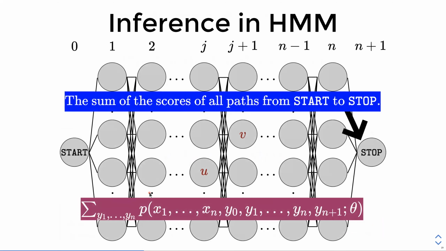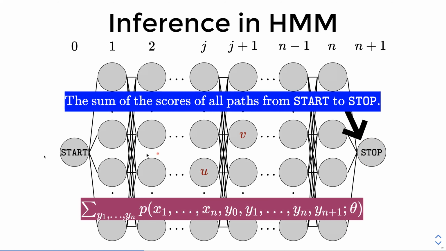In the last lecture, we figured out something interesting about the semantics of the alpha and beta scores. If you're talking about the very last alpha, the score stored inside this node should be the sum of the scores of all the paths connecting start and stop.